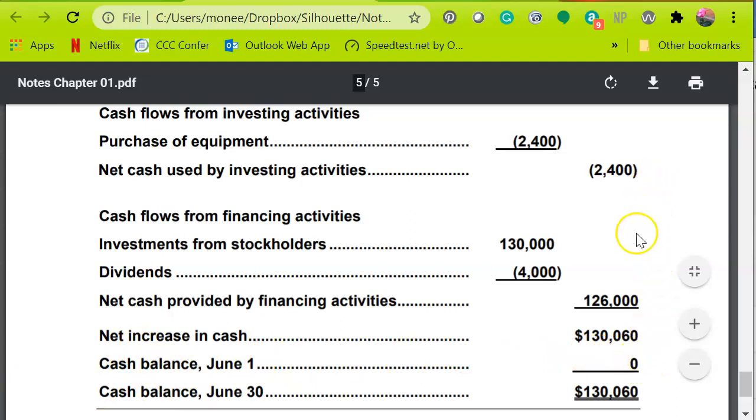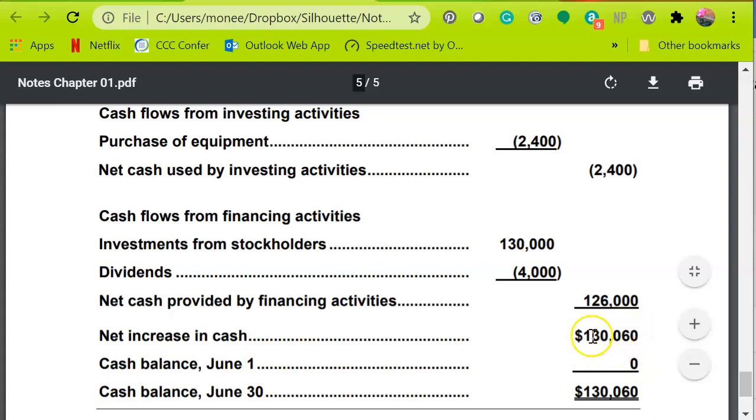The net of the operating, investing, and financing is $130,060. That's the increase. If we were an existing company, it would take the balance from the end of May 31st as the starting point for June.